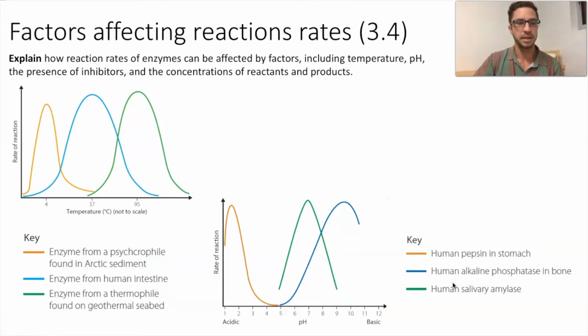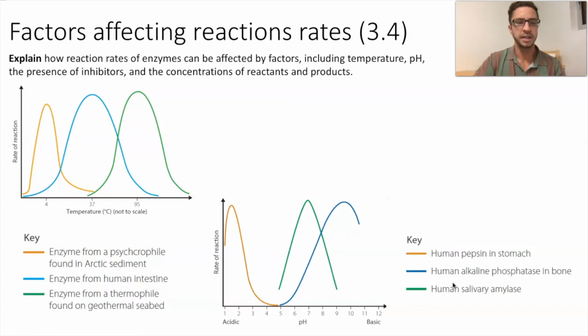And lastly is concentration. So it says that the concentration of reactants and products can also affect enzyme activity. And reactants are what are going into the reaction, and products are what are coming out. So we're talking in terms of a series of steps, a biochemical pathway in this part now.